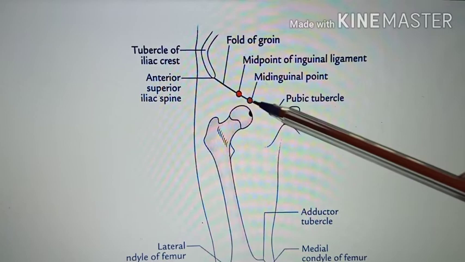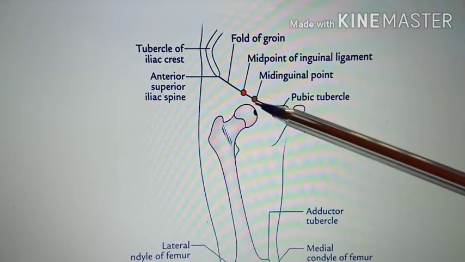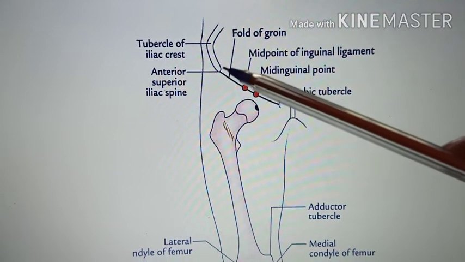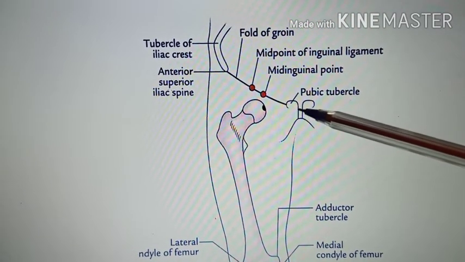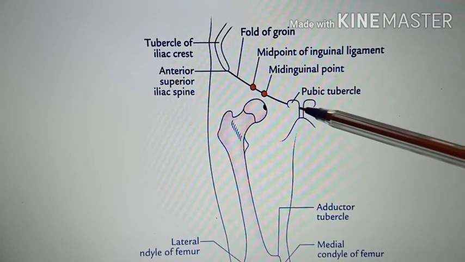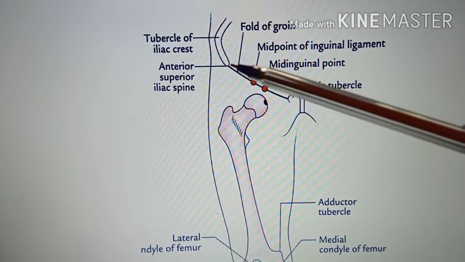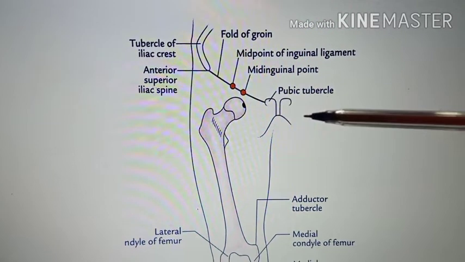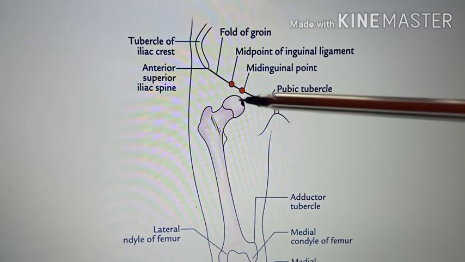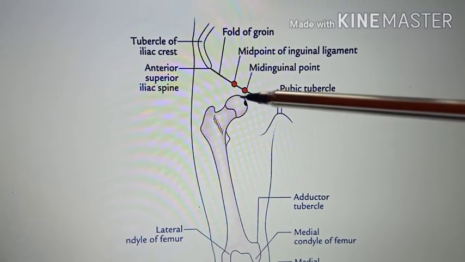This mid-inguinal point is the midpoint between the anterior superior iliac spine and the pubic symphysis. So the femoral artery pulse can be palpated just below the mid-inguinal point.